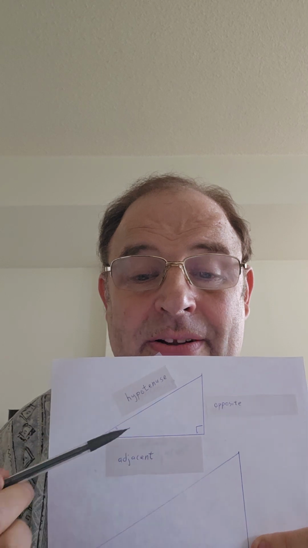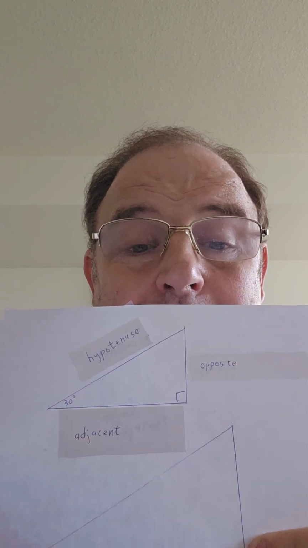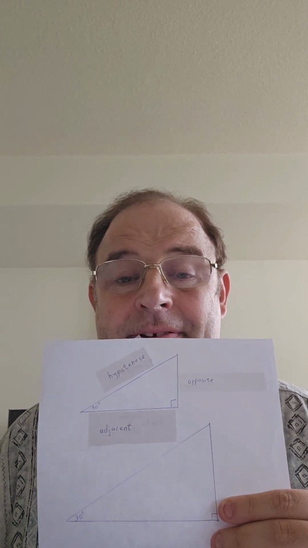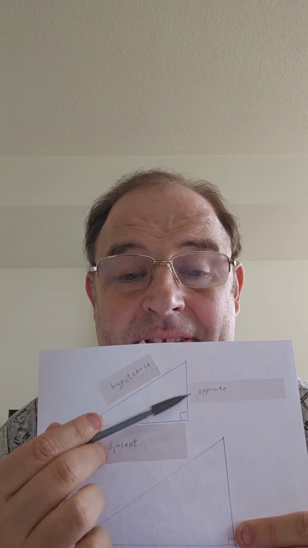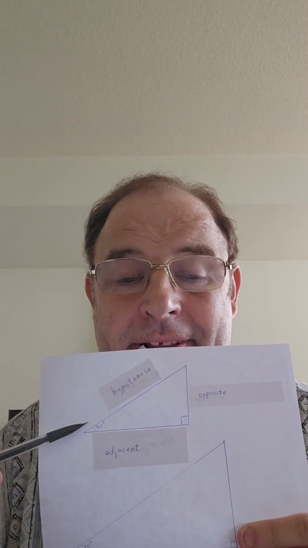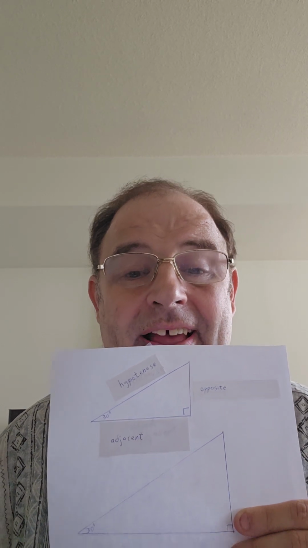And the other side not touching our angle is called the opposite. Okay? If I take a triangle with 90 degrees and 30 degrees, the tan of 30 degrees means this opposite divided by that: the length of the opposite divided by the length of the adjacent. That is what the tan of 30 degrees is.